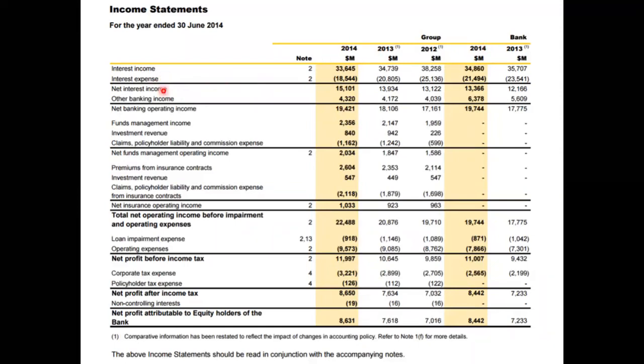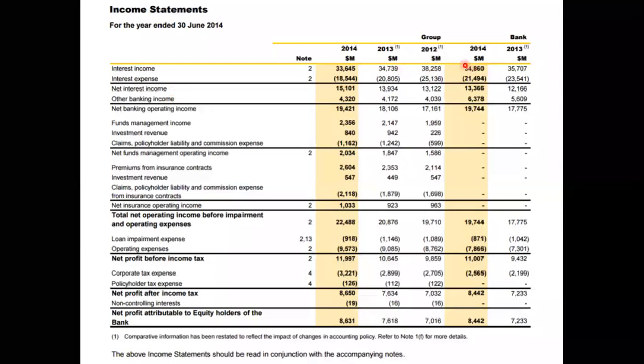The net interest income varies due to changes in interest rate. When interest rate increases, if they have more loans to customers, they may increase this interest income. And this portion is paid on deposit, so it's expenses.